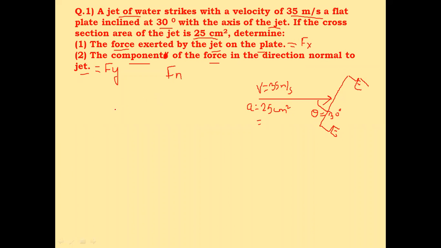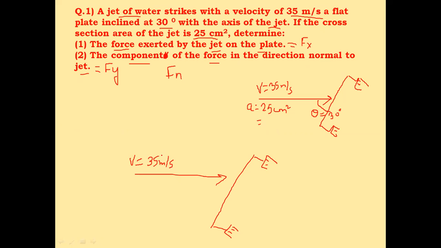Okay, so let me just take this example in the form of explaining again what we have learned, so it will be easy for you to understand and even solve the numericals. Now this is the velocity, v is equal to 35 meter per second.